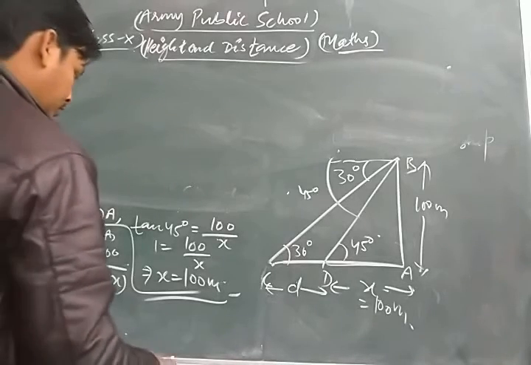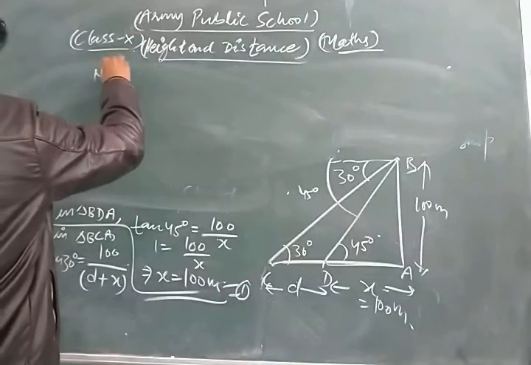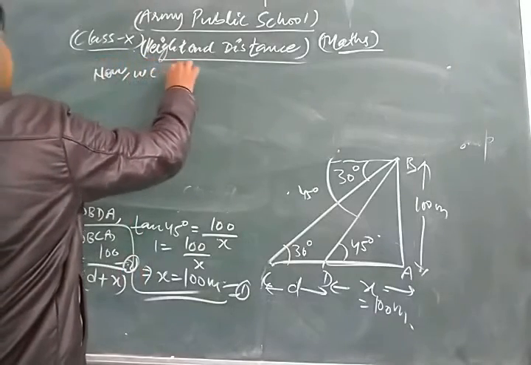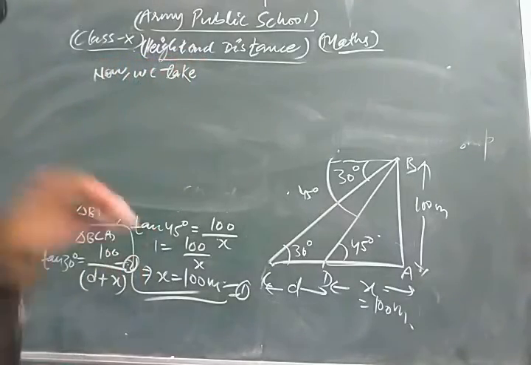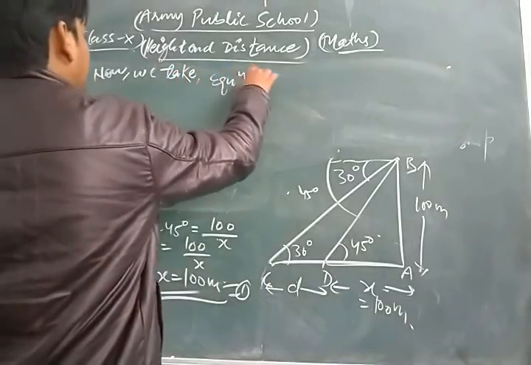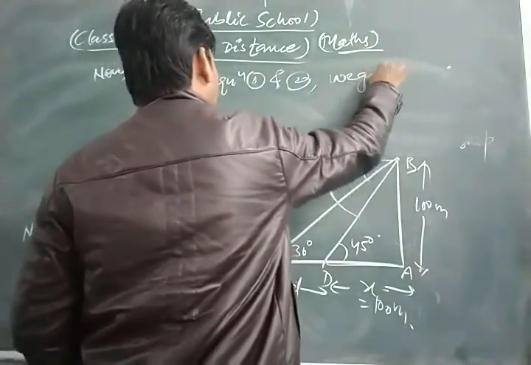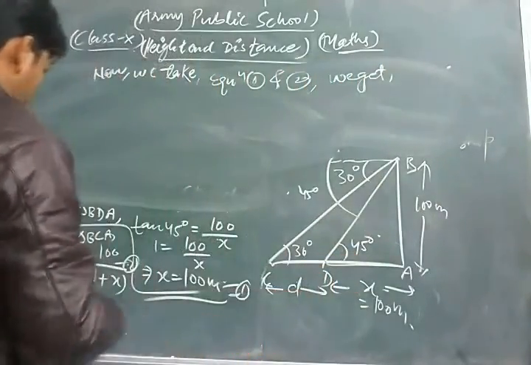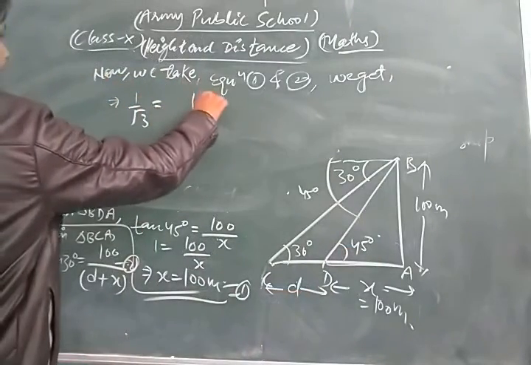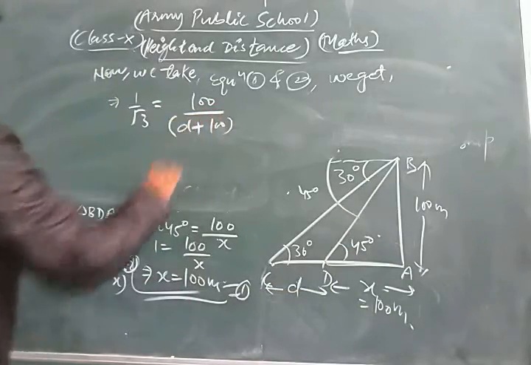Now we take equation 1 and equation number 2. From equations 1 and 2, we get tan 30 is 1 upon root 3, which is equal to 100 upon D plus the value of x, which is 100.